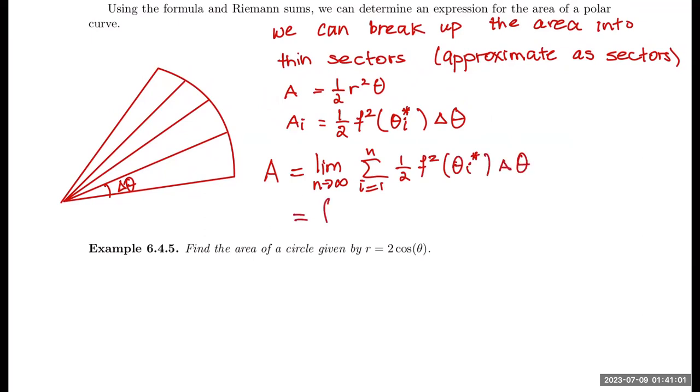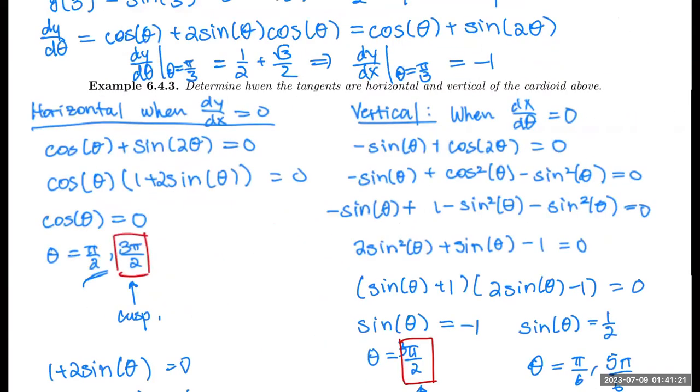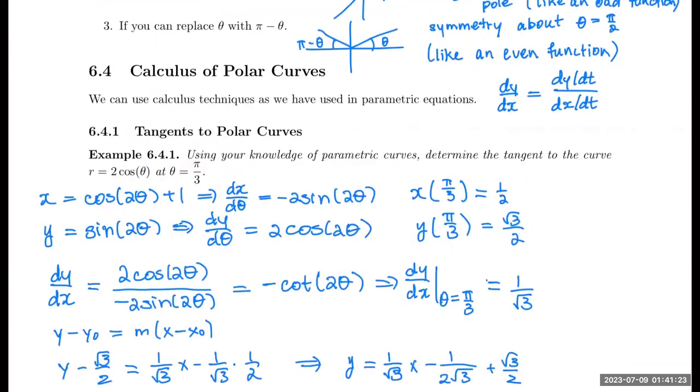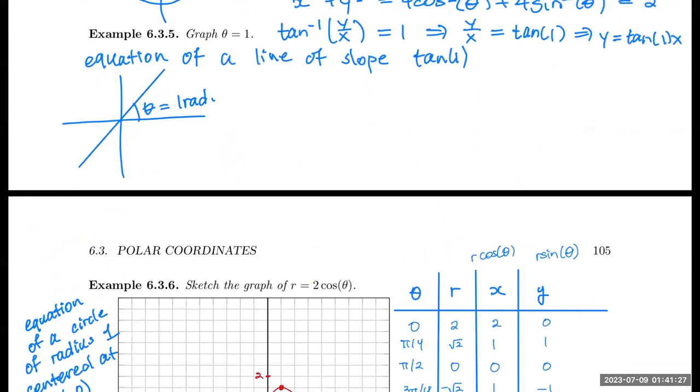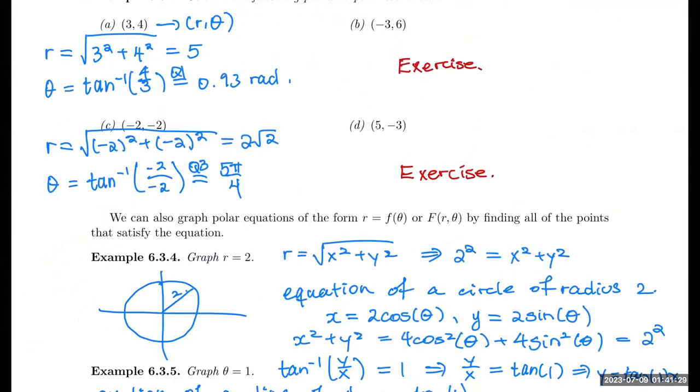So that is the same as saying the integral from a to b of half f squared theta d theta, where r is going to be the function f theta, as we have mentioned a bit earlier, which we talked about over here. r is equal to f theta. That's what we want to get at here.